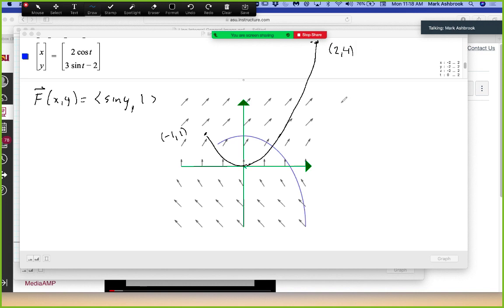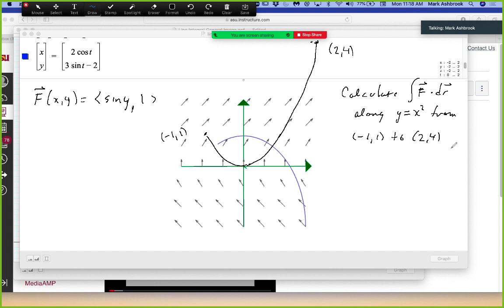So I want to calculate f dot dr, the line integral of the vector field along y equals x squared from negative 1, 1 to 2, 4.